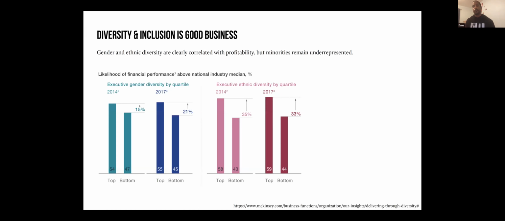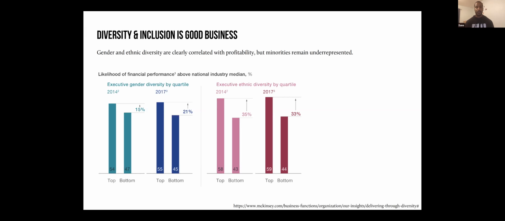So why does this matter? Well, when it comes to the businesses or companies that we're working at, diversity and inclusion is actually good business. This is a study from McKinsey, a comparative study from 2014 to 2017 that shows that gender and ethnic diversity are clearly correlated with profitability, but minorities still remain underrepresented.